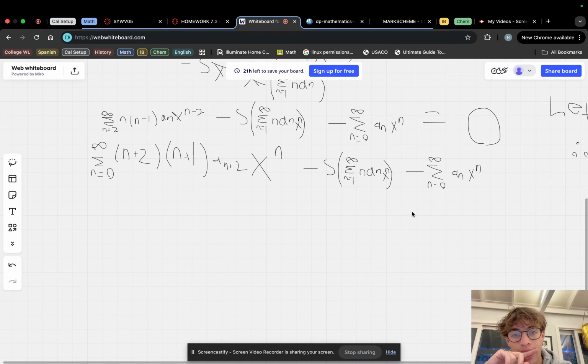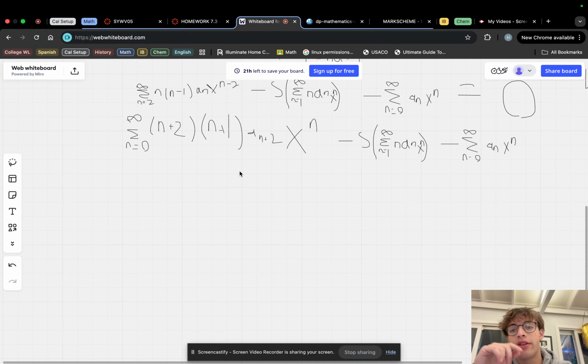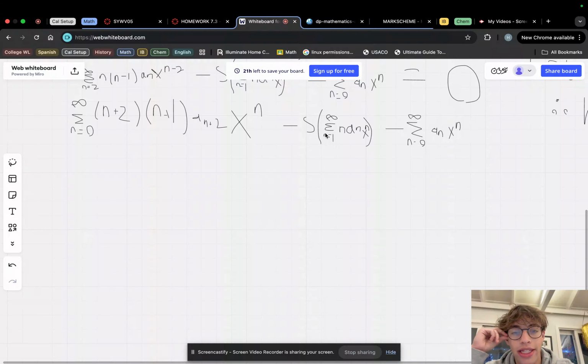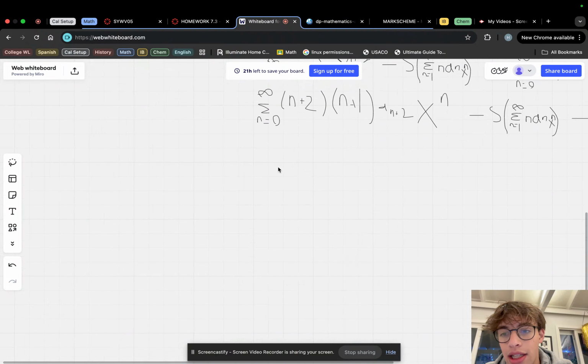All right, so like I was saying, we're going to plug in 0, but I just wanted to quickly explain why we don't make this 0. We don't make this 0 because the 0th index would just be 0, so there's no point in having it at 0. We might as well start it at 1, because anything times 0 is 0. So let's let n equal 0.